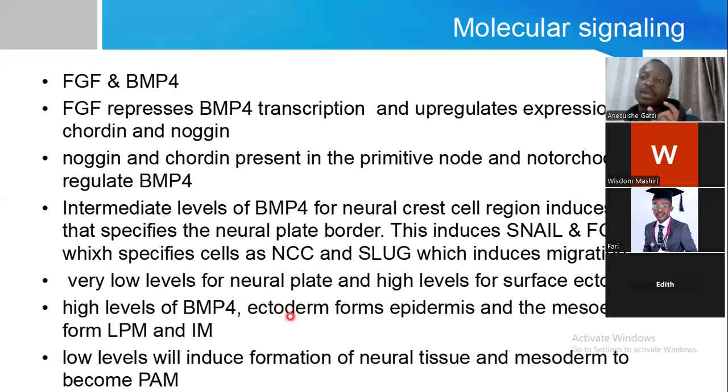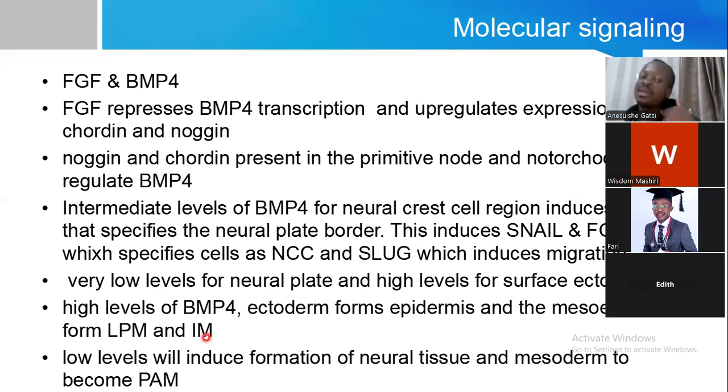But I also want you to know that the high levels of bone morphogenic protein 4 will also induce part of the mesoderm to form lateral plate mesoderm and intermediate mesoderm. So we're going to realize that mesoderm will be divided into 3 portions. And 2 of those portions are going to be specified by high levels of bone morphogenic protein 4. That's going to be lateral plate mesoderm and intermediate mesoderm.